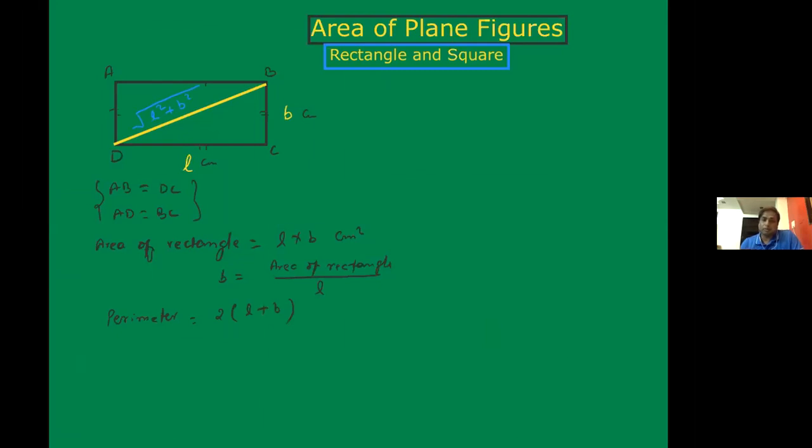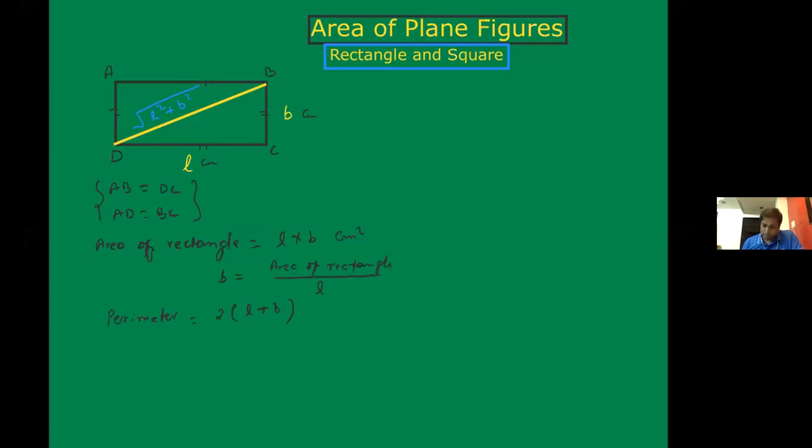So this is the perimeter of the rectangle. Now we will talk about the square: how to calculate the area of the square and what is the perimeter of the square. For a square, I will draw the diagram. What is the square?